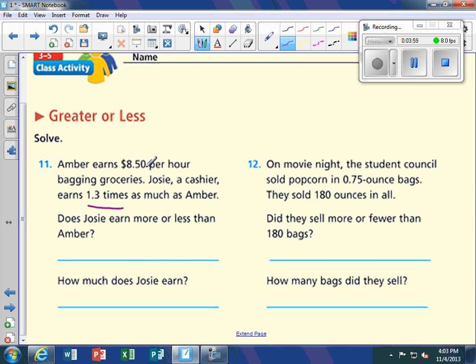When you multiply 8.5 times 1.3, it's 3 tenths more than a whole. So Josie makes more money. How much more? You'd multiply 850 times 1.3.